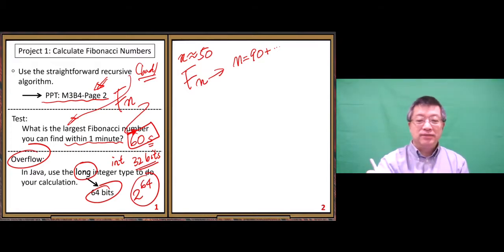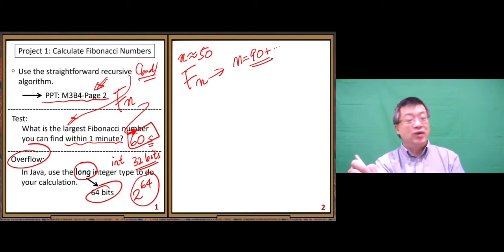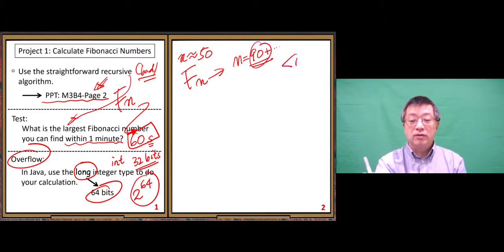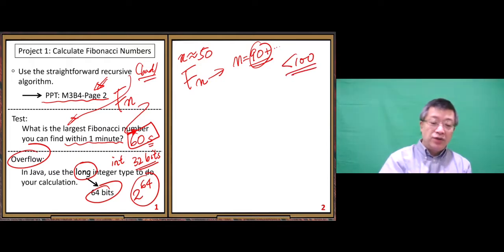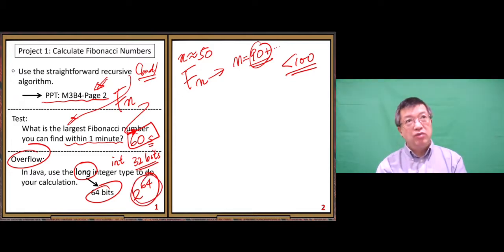That's what I get. Still not a big number, right? Only 90-something, less than 100. This 64-bit long integer feels pretty big, but we cannot do too much. Less than 100 for the Fibonacci number.